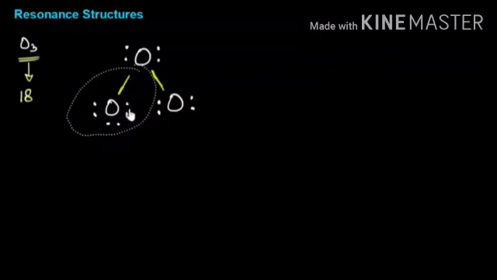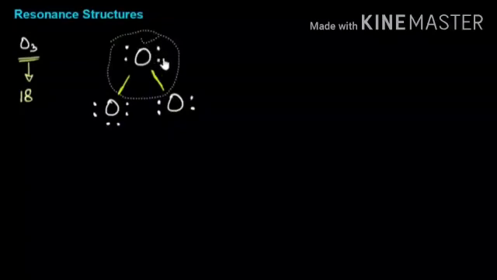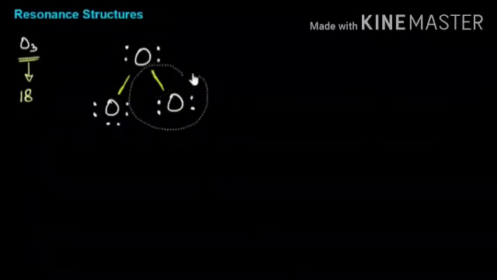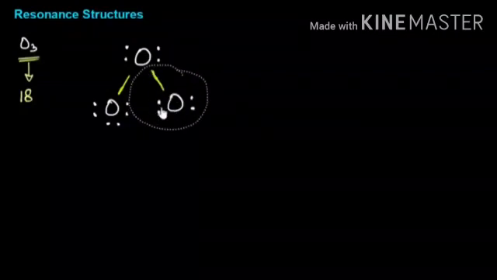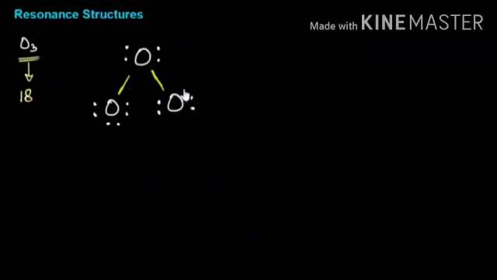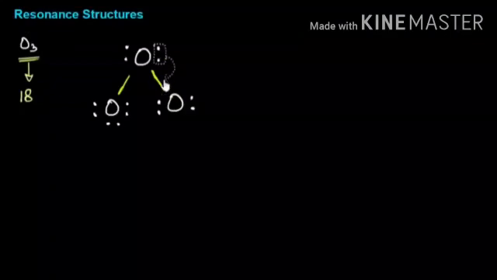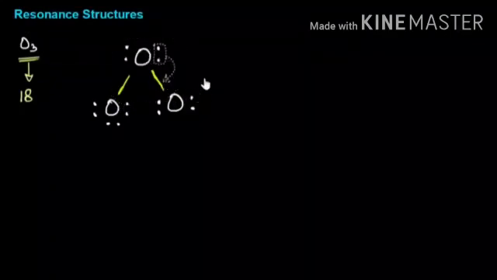Out of 6 electrons, one is used for bonding. Now the number of electrons left is 5 for each oxygen. By doing this, the central atom completes its octet, and one of the surrounding atoms also completes its octet, and the third atom does not complete its octet.